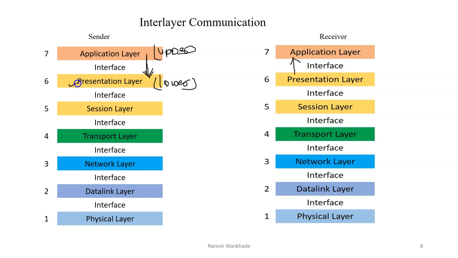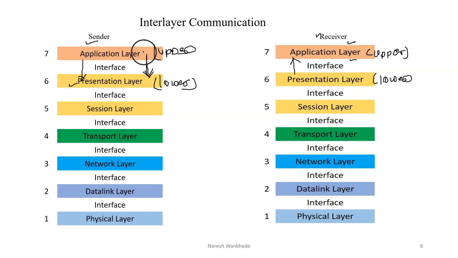Or we can say the presentation layer uses the services provided by the application layer, that is, the lower layer uses the services provided by the upper layer at the sender side. And at the receiver side, the upper layer, for example the application layer, uses the services provided by the presentation layer, which is the lower layer.